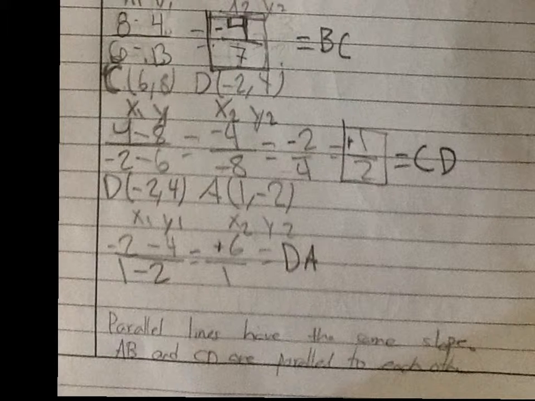So 4 minus 8 is negative 4, and negative 2 minus 6 equals negative 8. Simplified, it's negative 4 over negative 8, which is 1 over 2. So that's CD.